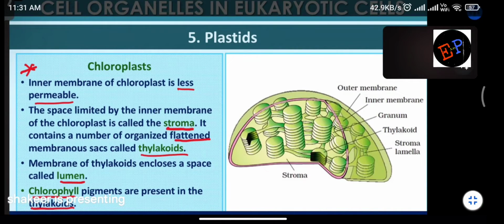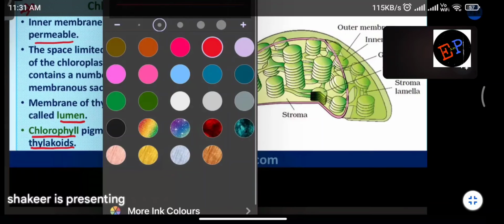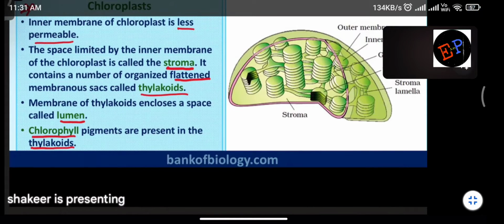So first, see the sequence I am writing here. This sequence you should not forget. First of all, chloroplast. Inside the chloroplast, the empty region is called stroma.